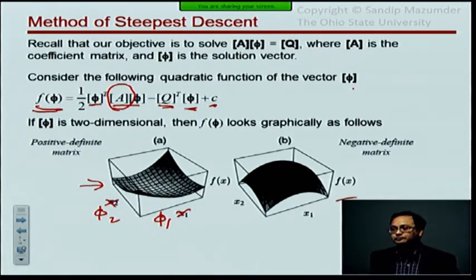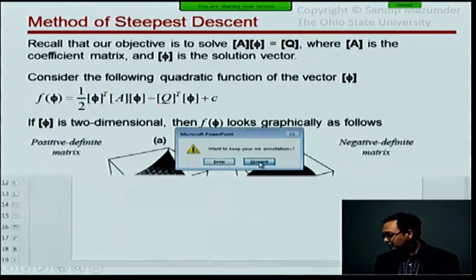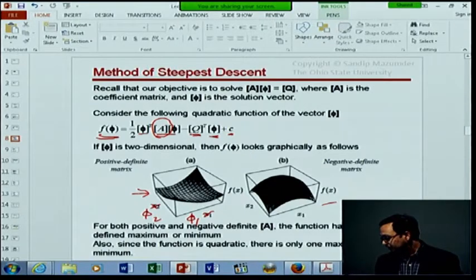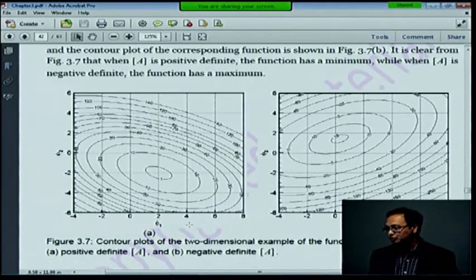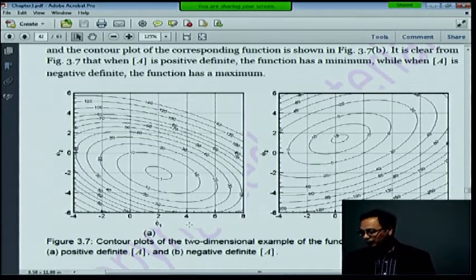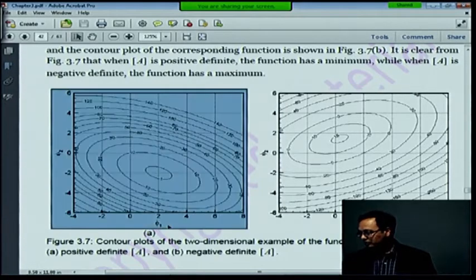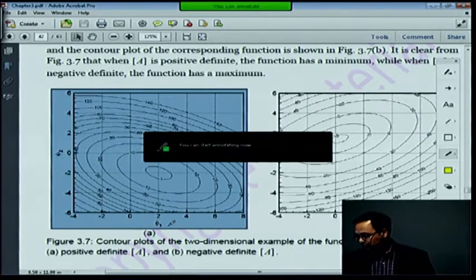Another way of looking at it, let me show you another picture. So this is what I was saying, a contour plot now. So you see I have phi 1 here, phi 2 here, and these are the contours.